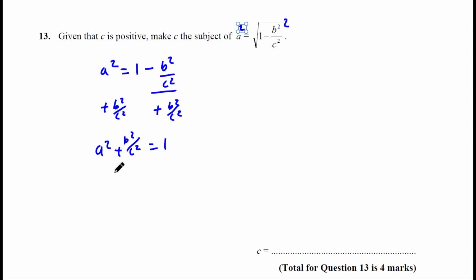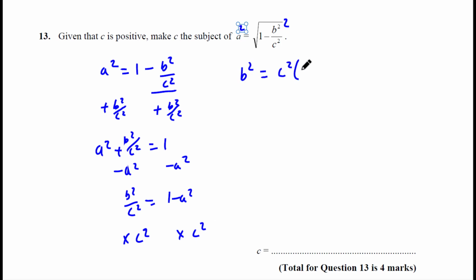Now we get rid of the a squared, which leaves b squared over c squared equals 1 minus a squared. Now we multiply by c squared to get b squared equals, remember that's in a bracket, 1 minus a squared.